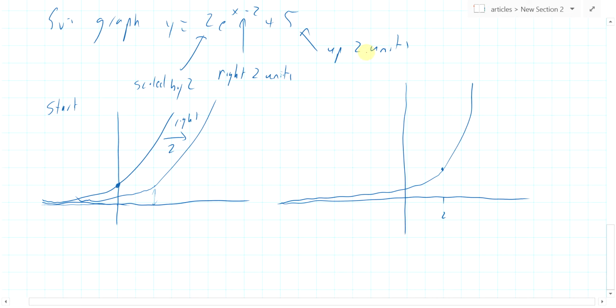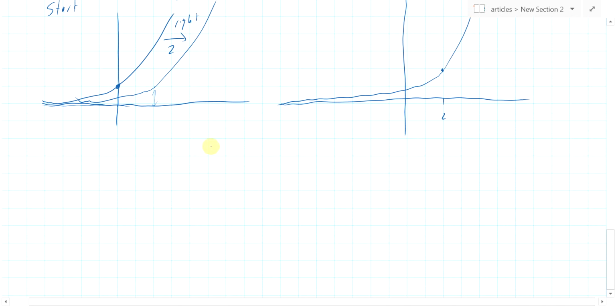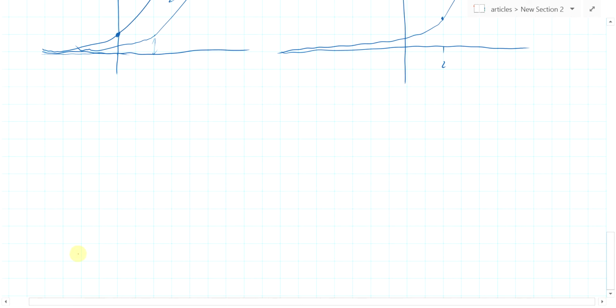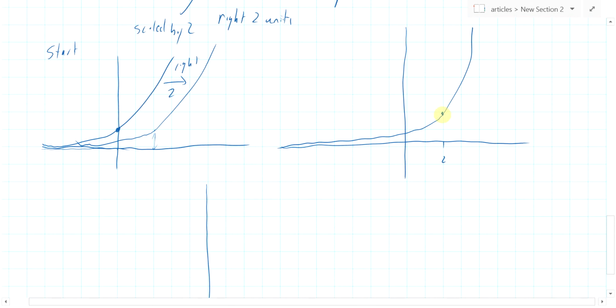And now we move it up 5 units. One, 2, 3, 4, 5, 6, 7. Let me actually give myself a little bit more space here. And try and get my lines to be close to accurate, even though I'm freehanding everything. So we take this is already at a height of 2.